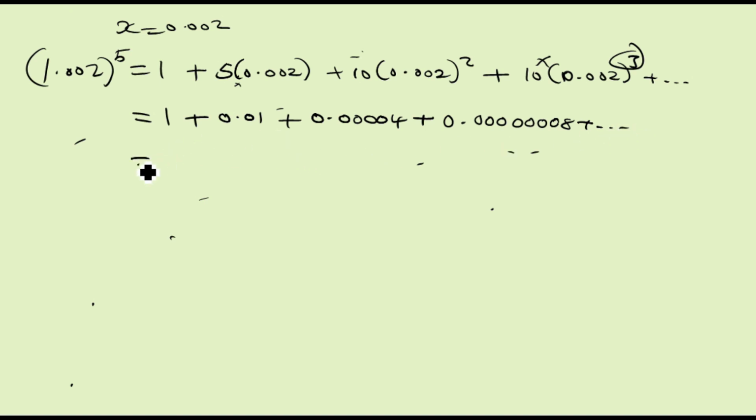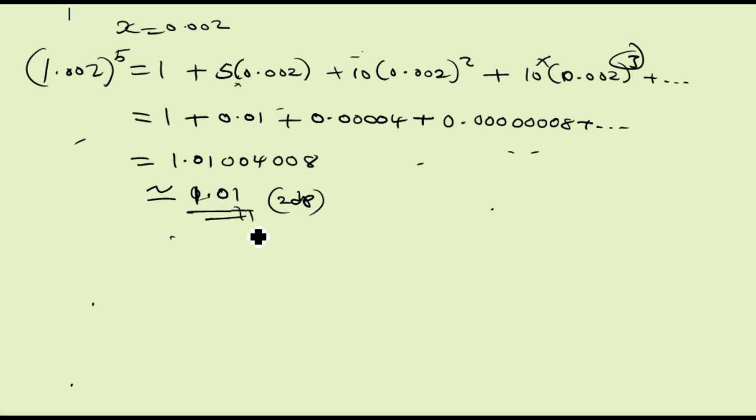And if you add all these values, you shall get 1.01004008. All right, and this is approximately equal to 1.01 when you round off to 2 decimal places, and this gives us the value of 1.002^5.